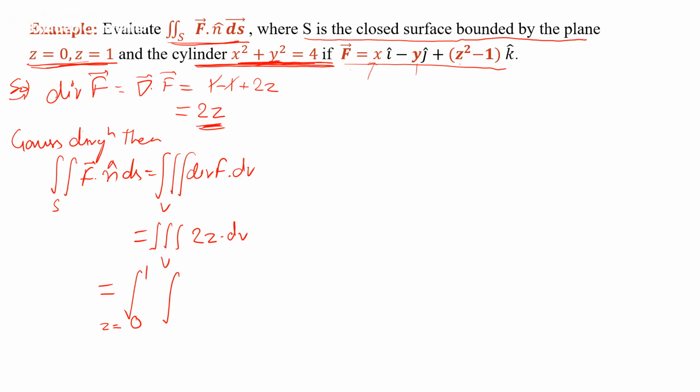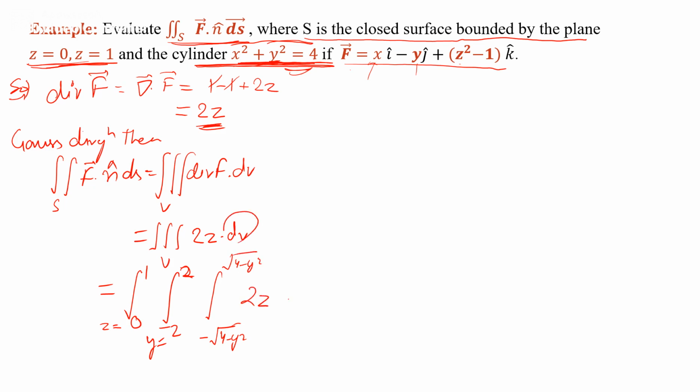Here y varies from, if we put x equal to 0, minus 2 to 2. So that's the limit of y. And the limit of x is minus root of 4 minus y square up to root of 4 minus y square.